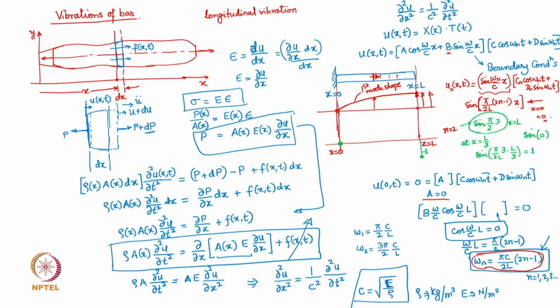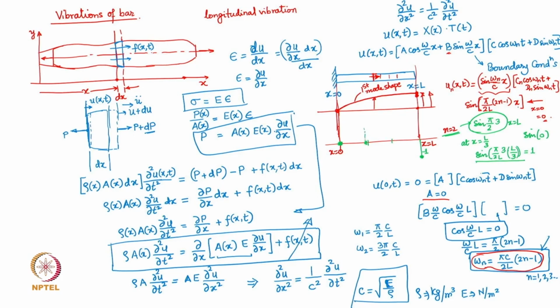sine pi by 2. Okay, so x is replaced by L by 3, and n, because we are talking about the second mode, is still equal to 2, right? So this function, the mode shape, will take a value of +1 at L by 3 position. So if you divide this into 3 equal parts, this is my L by 3.